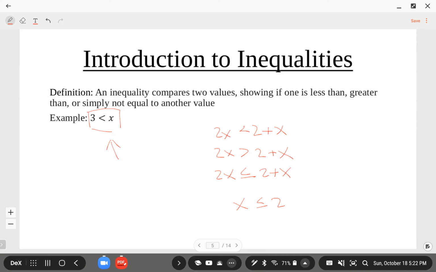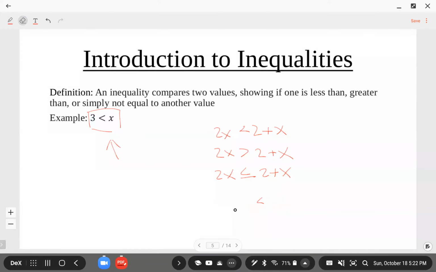That's how you solve an inequality, because it's the same as a linear equation. What less than or equal to means is that x can either be equal to 2, or anything less than 2.